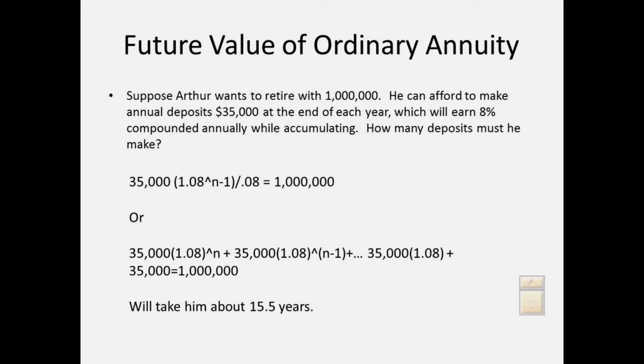So you're going to say, I can afford to make $35,000 deposits. I'm going to earn 8% annually. How many years do I have to work until I can finally retire with $1 million? That might be a question you'll ask yourself.